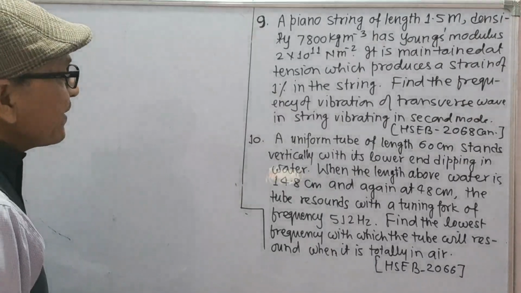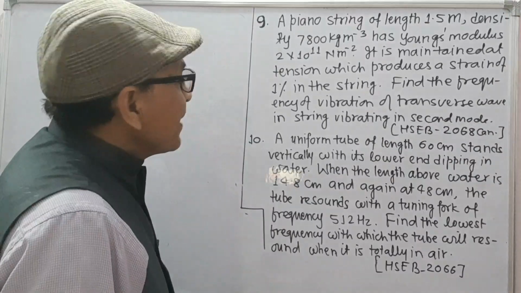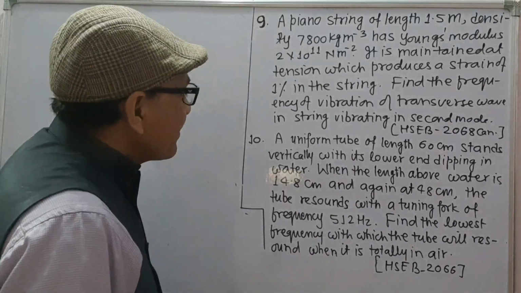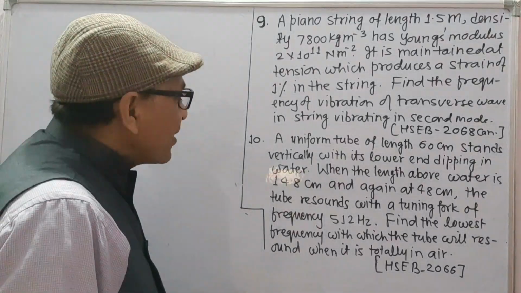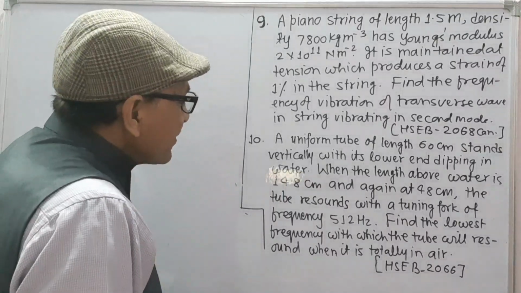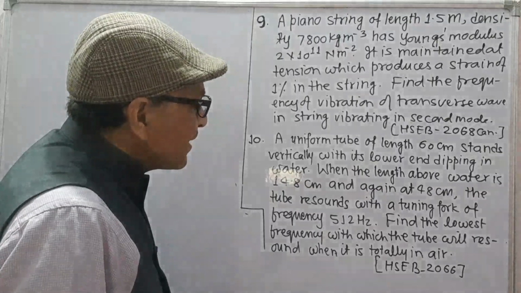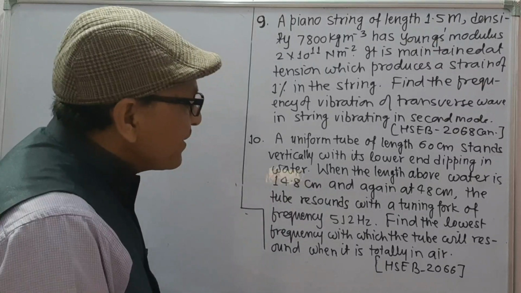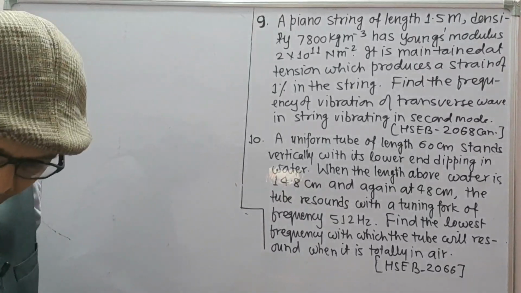Next question number 10. A uniform tube of length 60 cm stands vertically with its lower end dipping in water. When the length above water is 14.8 cm and again at 48 cm, the tube resounds with tuning fork of frequency 512 Hz. Find the lowest frequency with which the tube will resound when it is totally in air.